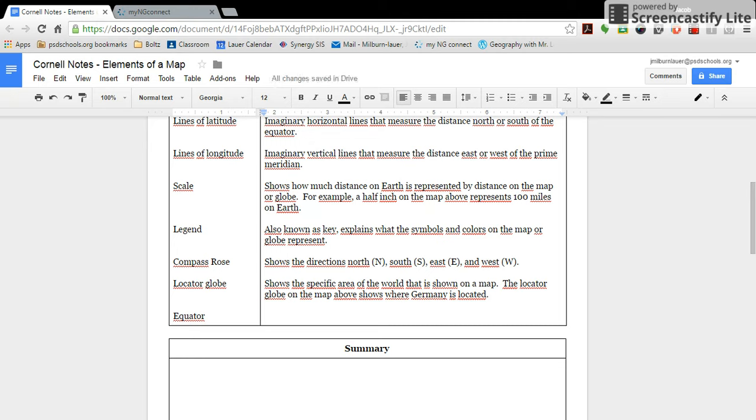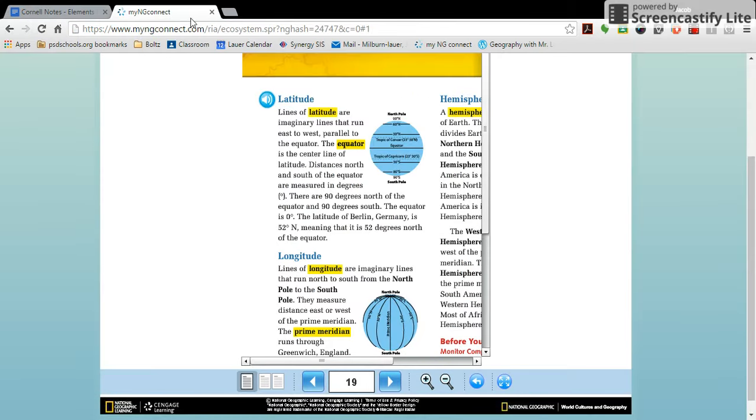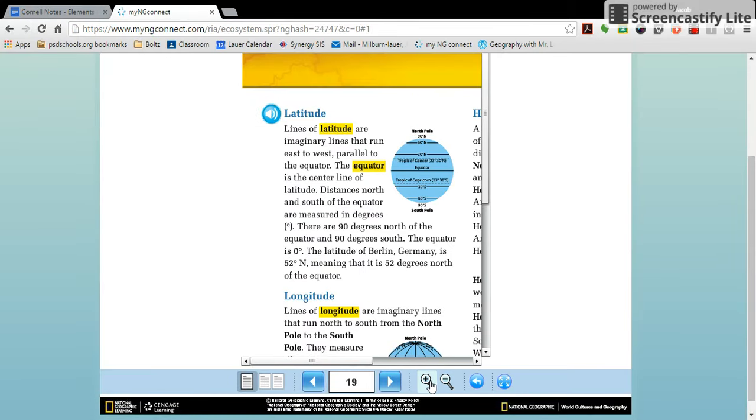Equator is the center line of latitude. Go back and look here. If we zoom in on this particular map, the equator is right there. It's right in the middle of this particular picture.